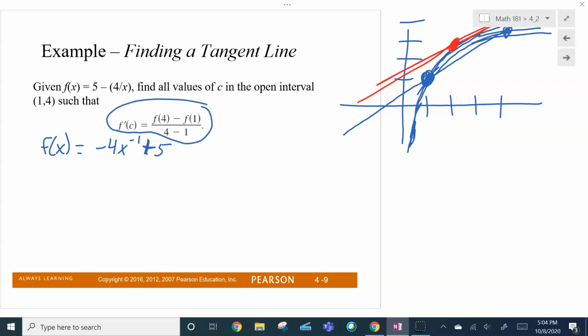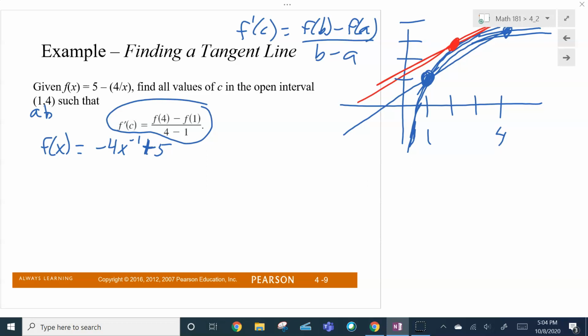What's the c value? Where does f prime of c equal f of b minus f of a over b minus a? This is our a, that's our b, the 1 and the 4, right? From 1 to 4. All right, where's the slope of the secant equivalent to the slope of the tangent line?